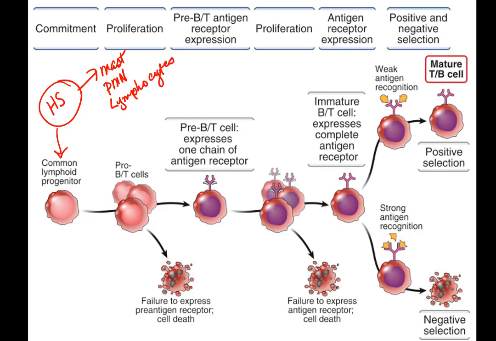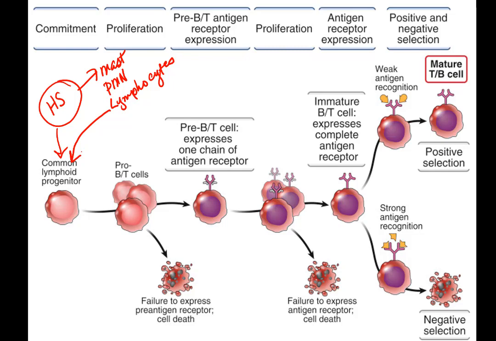But if it's going to become lymphocytes, it is then called the common lymphoid progenitor, because as they go through the maturation process, as they differentiate, they're going to start changing their DNA so that a mast cell is going to be a mast cell, and a dendritic cell is going to be a dendritic cell, or a monocyte, or something like that. So now this common lymphoid progenitor is only going to be lymphocytes, B cells and T cells.